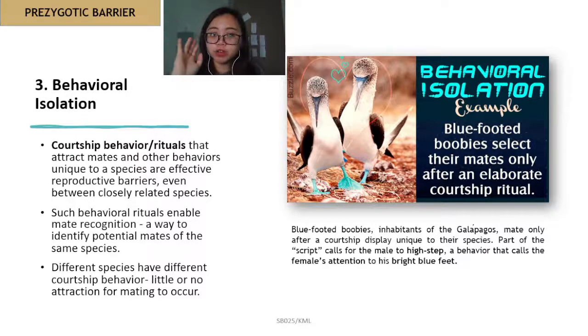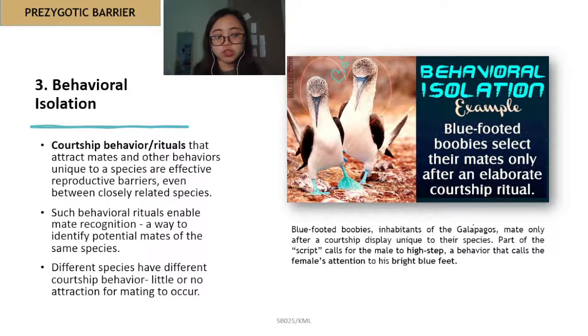So we have over here on the right side, behavioral isolation of blue-footed boobies. So boobies are birds that are inhabitants of the Galapagos Islands. They have a courtship ritual where they dance with their little blue feet. And it's quite an elaborate ritual.